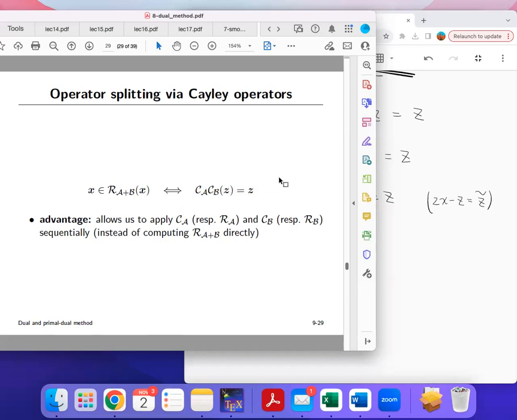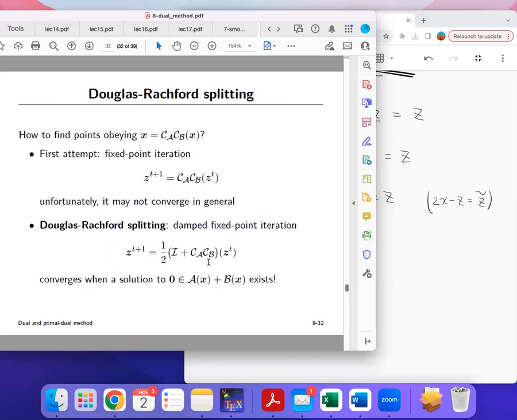I think if you look at optimization problems, many of them will fall into this framework. So this allows us to split these two operators, A plus B, into A and B separately, but through these very complicated Cayley operators. Okay, so the proof, and this one will lead to our algorithm design.